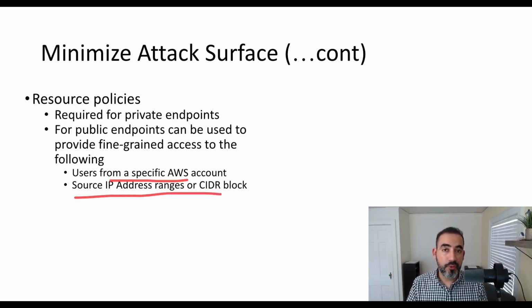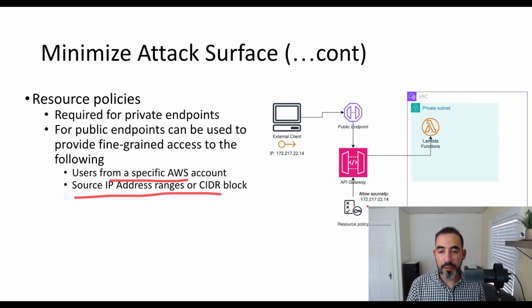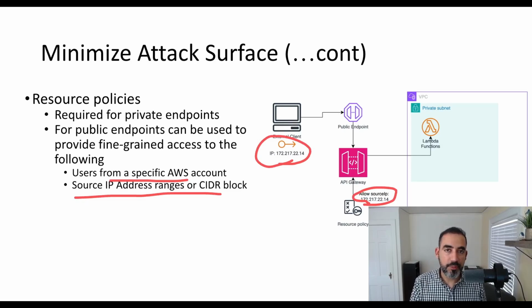So this is also a good implementation of minimizing your attack surface, because you know that it would only be accessed by a specific account or specific set of IPs. You are only opening it up to those sources and not to the entire public. So here in this diagram, we're depicting that we have a resource policy that is only allowing source IP this, and we have an external client with the source IP this, and it is able to access the API gateway. Any other source would not be allowed to access the APIs.